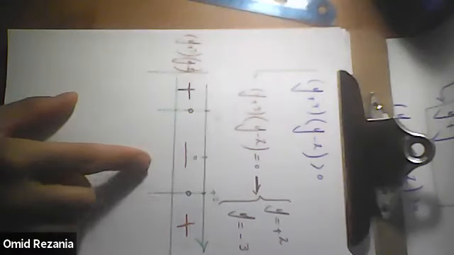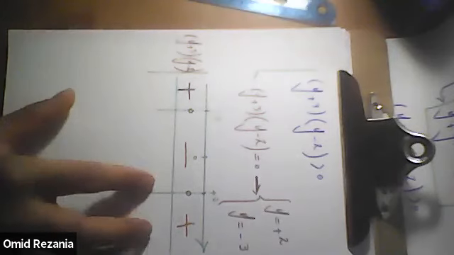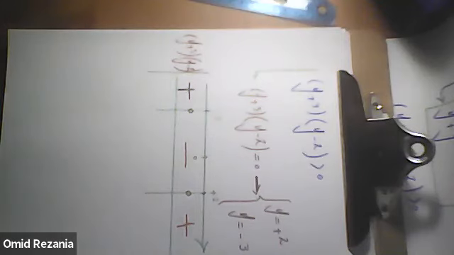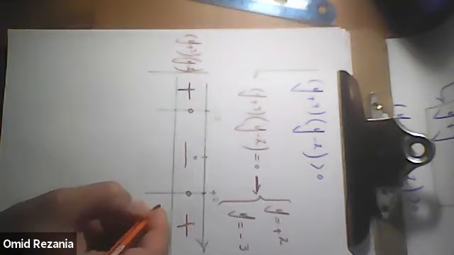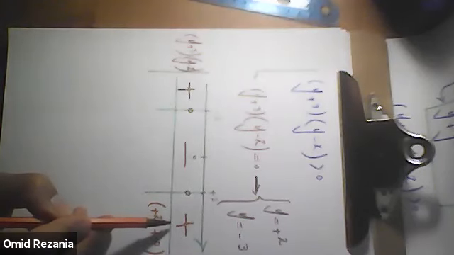Okay, and now you will see that I was able to find three different numbers in this interval. It means that the interval from +2 to +infinity, the function is positive.